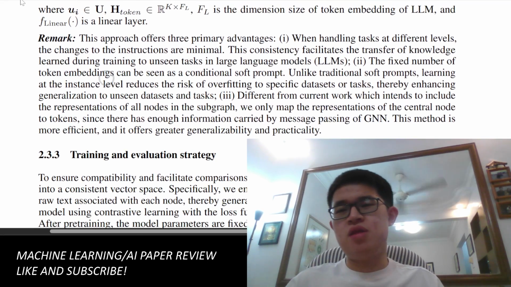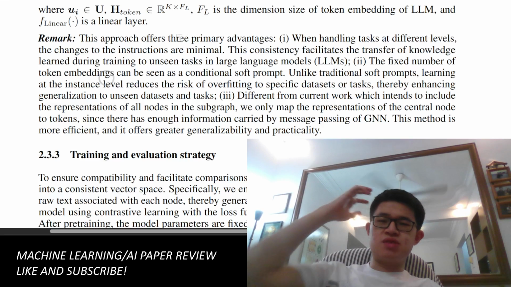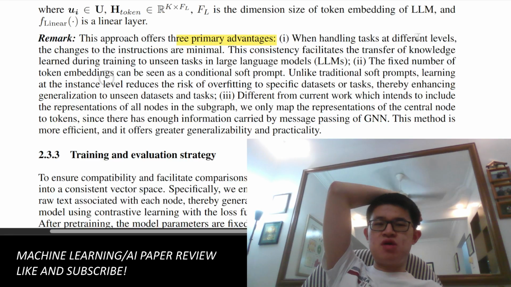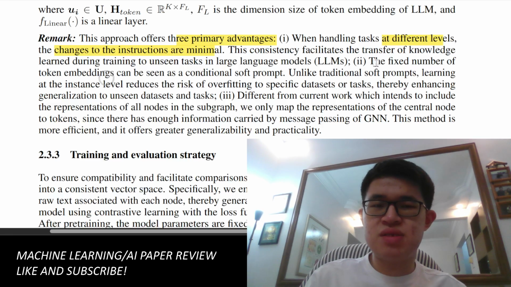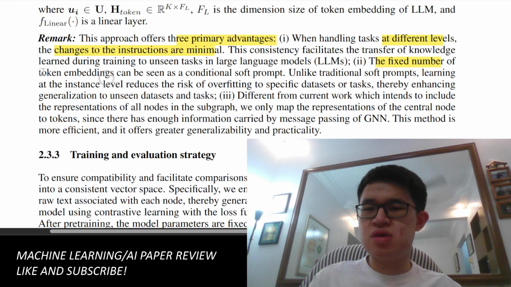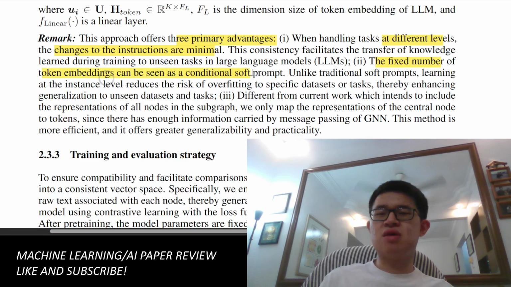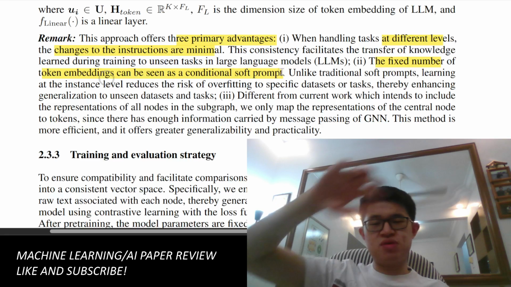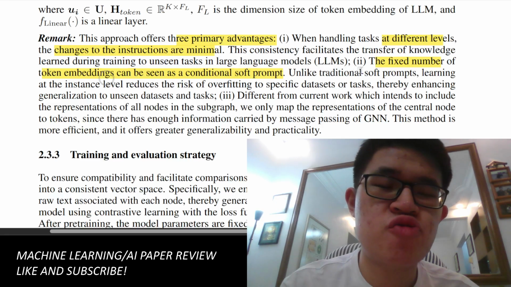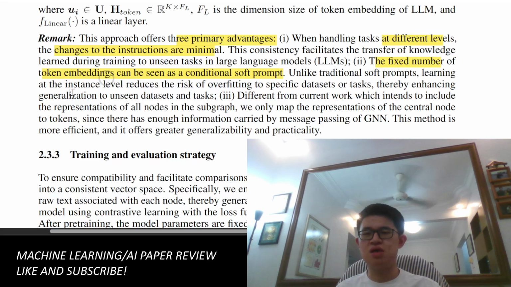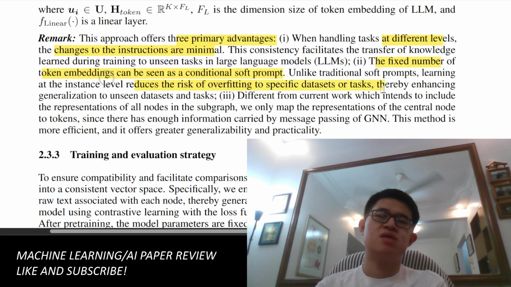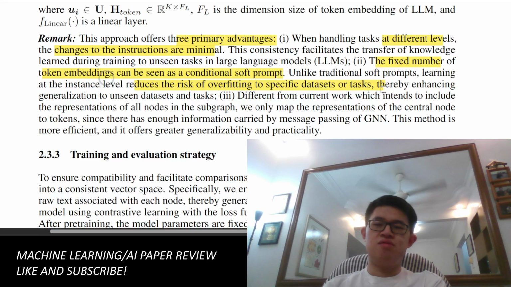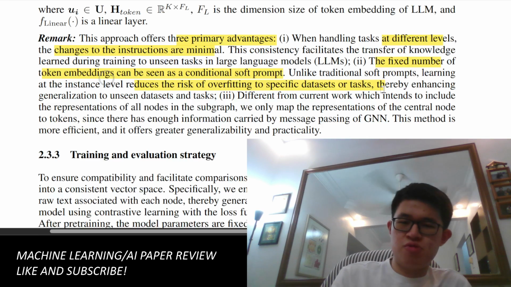And I wrote something here. This approach has three advantages. When dealing with tasks at different levels, changes to the instructions are minimal. Secondly, a fixed number of token embeddings can be seen as conditional soft prompting. Unlike traditional soft prompts, learning at the instance level reduces the risk of overfitting to specific data sets or tasks and makes it more generalizable.